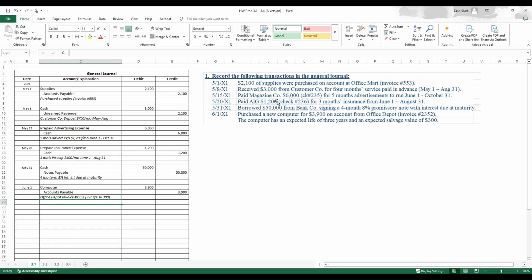And then step B, if you will, then the next part of the problem will be to record the adjusting entries as we go forward from there. And we're going to do all those adjusting entries that it tells us in the problem at the end of June.